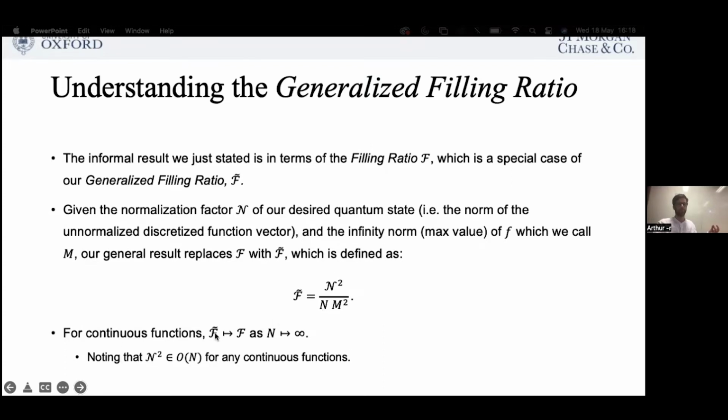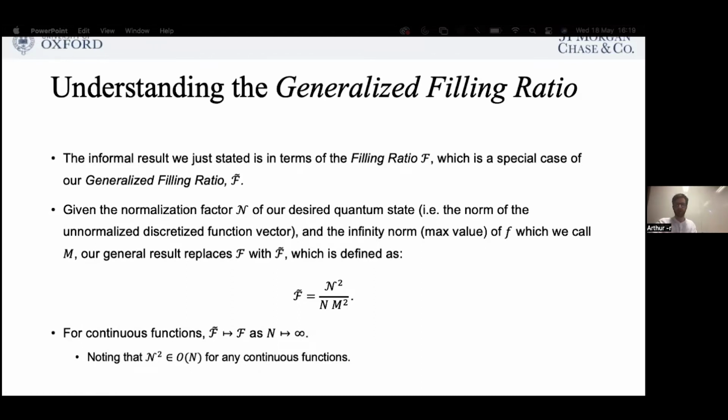So for continuous functions, as N approaches infinity, this converges to the filling ratio. But an important detail to note here that may not be immediately obvious is that the square of the norm of your discretized function vector for continuous functions is asymptotically of the order of the dimension of the discretized function vector.